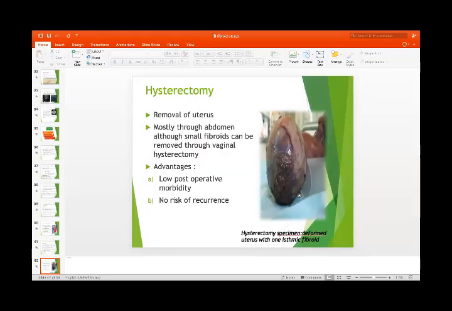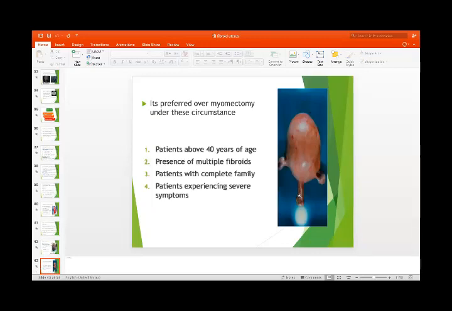Hysterectomy is the removal of the uterus. The whole of the uterus along with the cervix is removed. It is usually through the abdomen. The advantage is it has low postoperative morbidity and there is no risk of recurrence. This is the hysterectomy specimen.